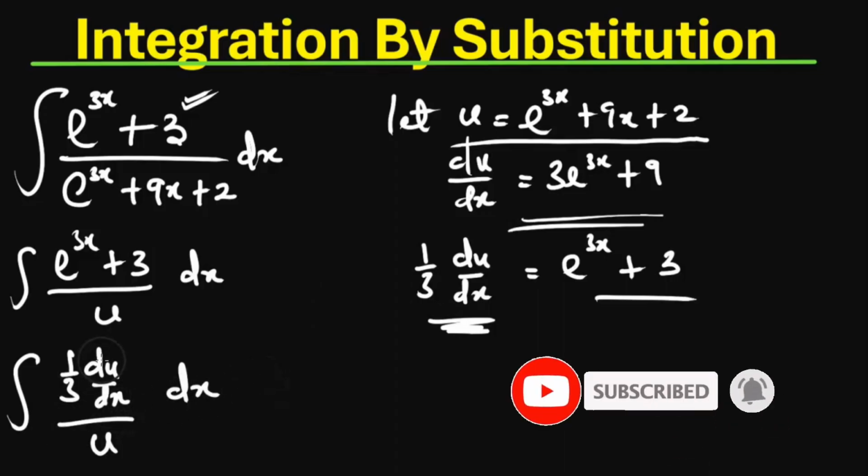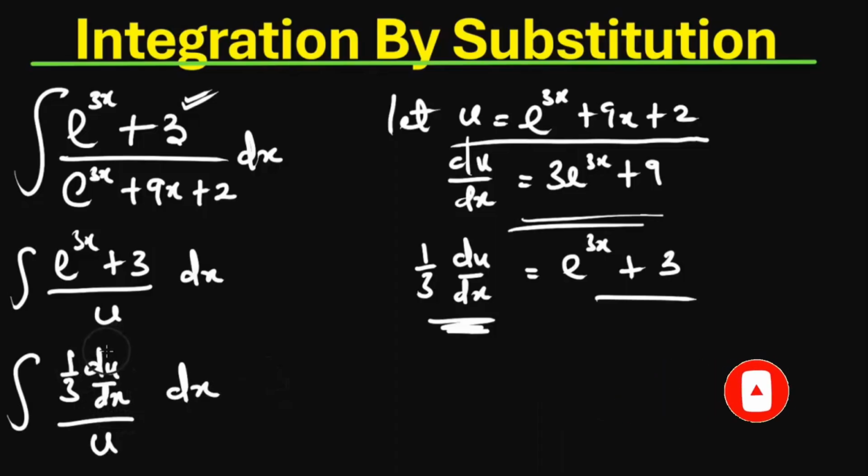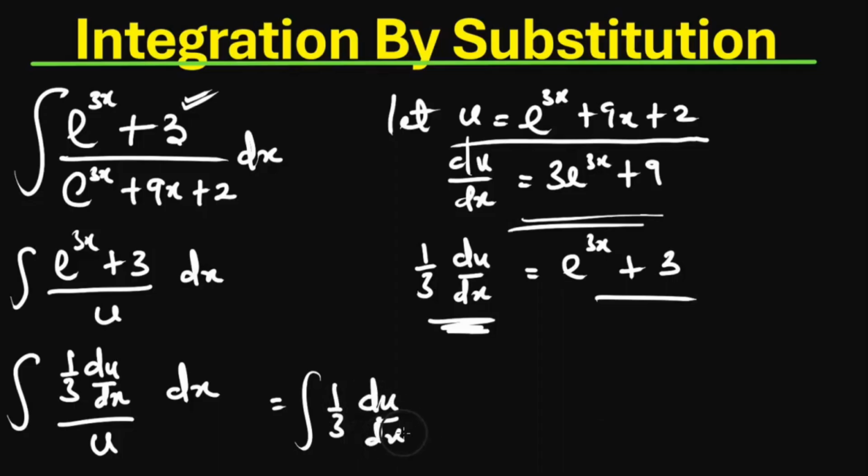To write this properly, we should write it as the integral of 1/3 du/dx, multiplied by dx, then divided by u. I just want to write it clearly so we can understand it.